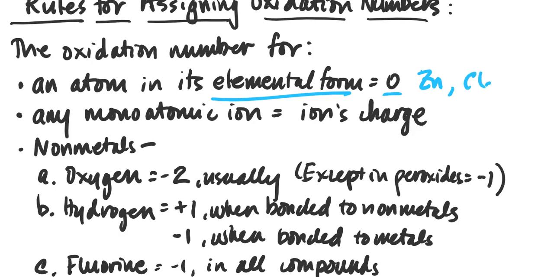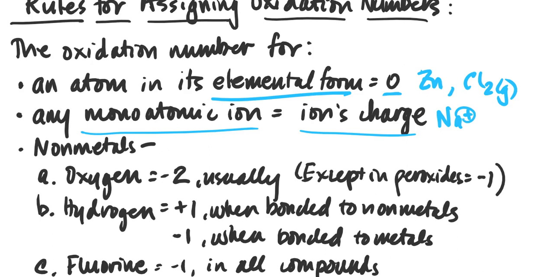If I have chlorine gas, well, chlorine in its diatomic form in the gas state is an element, and so chlorine within diatomic chlorine gas would have an oxidation number of 0. If I have any monoatomic ion, then the charge of the ion is the oxidation number. So for example, if I have sodium cation, the oxidation number for sodium in sodium cation is +1 because the charge of the sodium cation is +1.